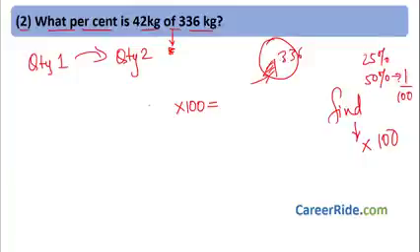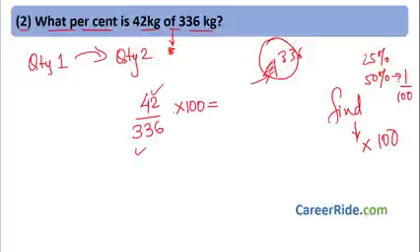So how to write that? Quantity 1, which is the of which we want to find the percent, divided by quantity 2, that is the quantity in relation to which the percentage is calculated. So we want percent of quantity 1 and with respect to quantity 2, right?